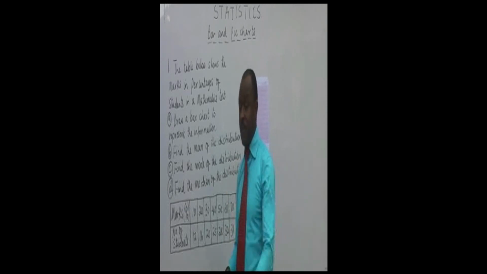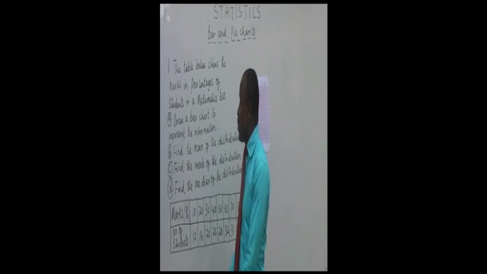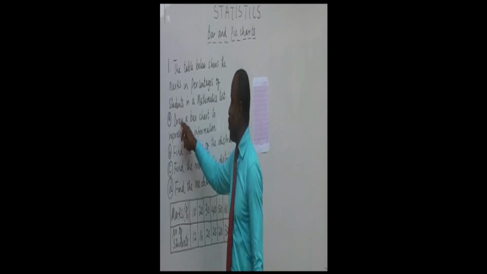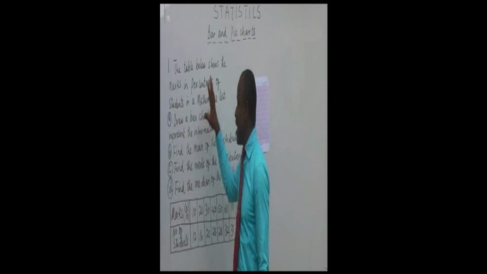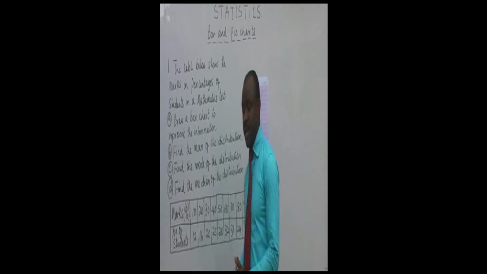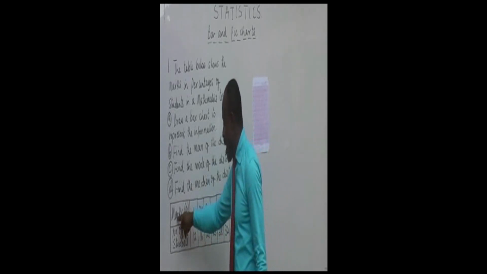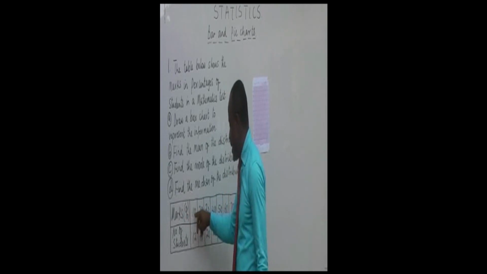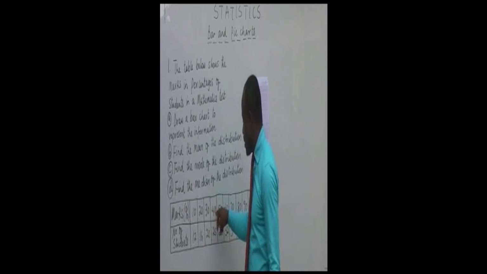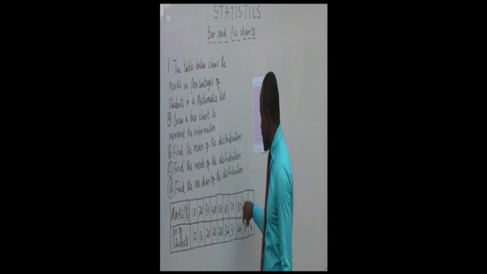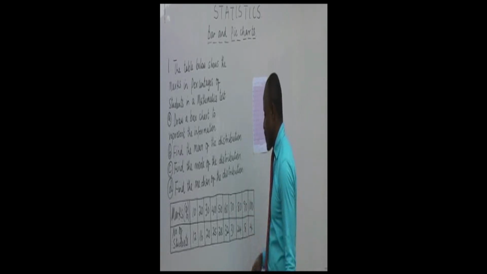So we're going to take the first question, which is question A, that says we should draw the bar chart to represent the information we have on the table. On the table, you can see we have marks in percentages: 10, 20, 30, 40, 50, 60, 70, 80, 90, and 100 marks.